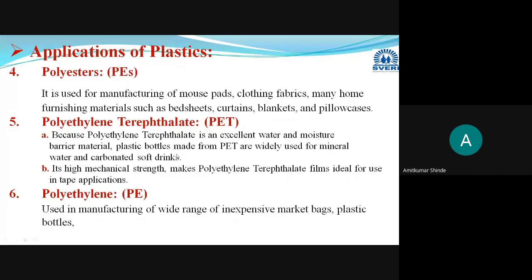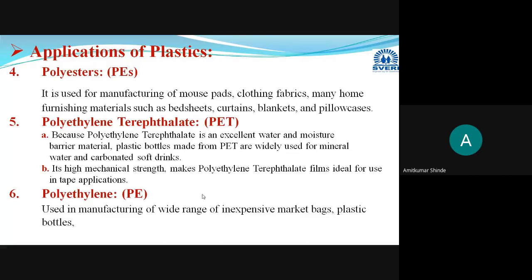That's why it is used to manufacture plastic bottles. Different plastic bottles are manufactured with the help of this PET only. Why do we use PET? Because it acts as an excellent barrier material for water and moisture.